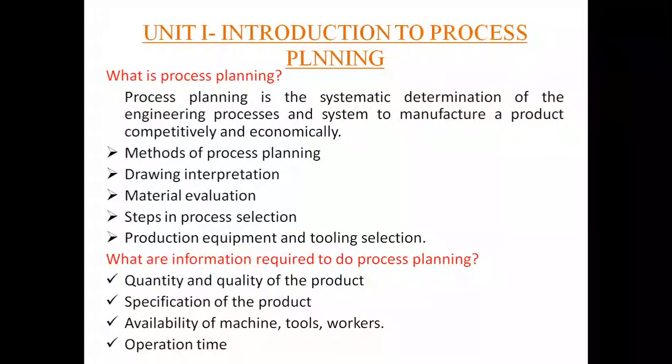In technical factors, we consider the physical size of the workpiece, machining accuracy, surface finish, and cutting force. We have to consider these technical factors. And for operation factors, we have to consider batch size and capacity. Batch size means mass production, batch production, or job production. We have to see.